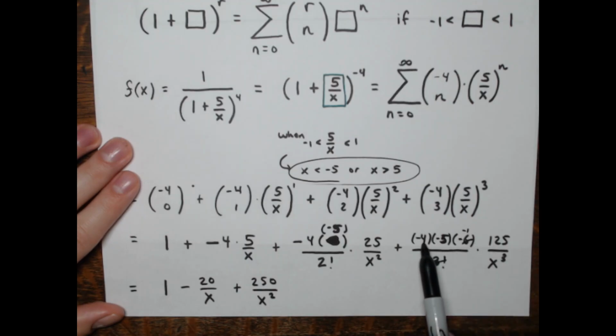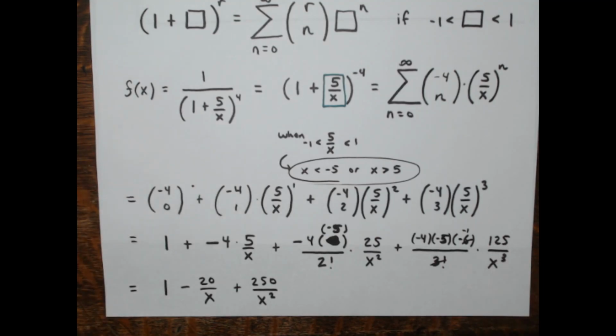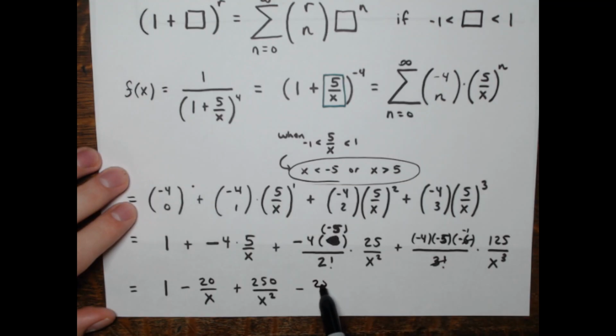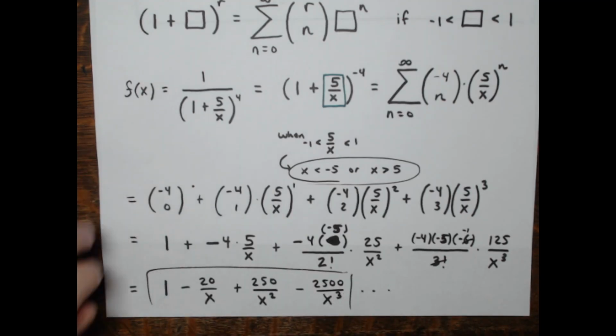So we have negative 20 times 125, that'd be 2500, but negative. So minus 2500 over x cubed, and so on, of course, but this is all they want: the first 4 non-zero terms of this series for our function.